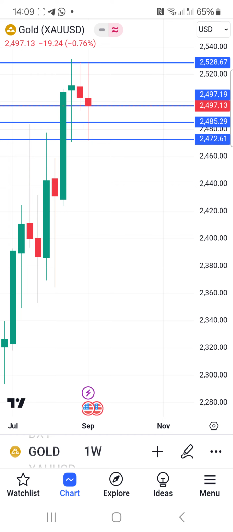As you see, it opened around 24.97, went high to 25-ish here, and then it again came down lower up to 24.72.61, and then went high to 24.97, where it closed for the week.